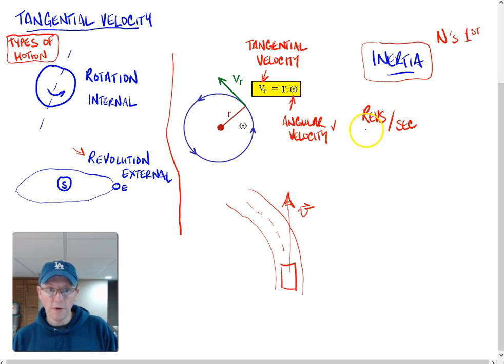Or you could remember that if this is the center point, and this is the object right here, the radius sweeps out an angle as it goes across, and when it goes through a full circle, that angle ends up being 2 pi. So you could do radians per second as well.